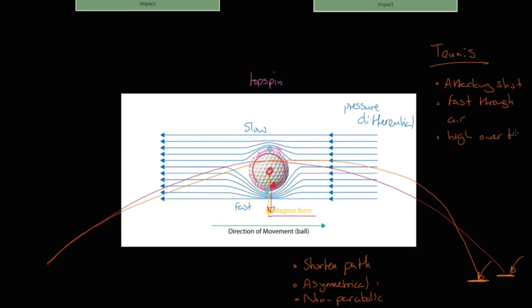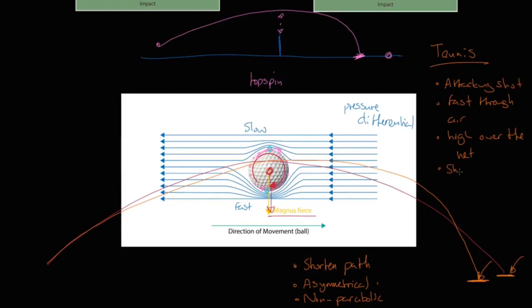One of the things about topspin shots as well is that if we've got a kind of a tennis court here, and here's the net, we're kind of looking at it sideways on. The topspin shot will go high over the net and dip down, and land nice and short. Often you're looking for it to land somewhere over here, but the point is it's going high over that net. That is an advantage because it's less likely to hit the net.